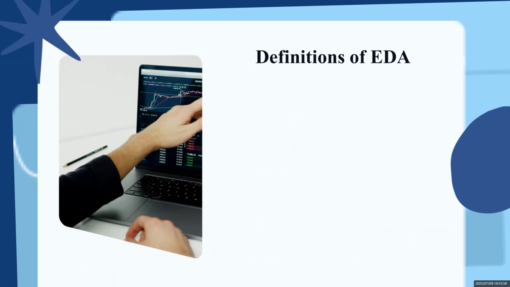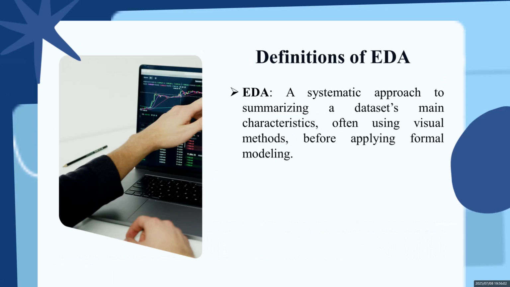Now, first, let's cover the definition of EDA. When we talk about EDA, what should come to your mind is a systematic approach to summarizing a data set based on the features, also known as the characteristics, often using visual methods or approaches before applying them to your ML model.